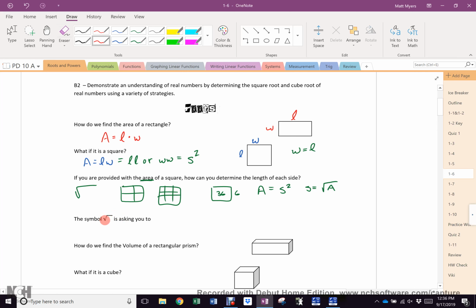It can be written other ways. Okay? This symbol is asking you to find 2 equal factors of the expression that it surrounds.